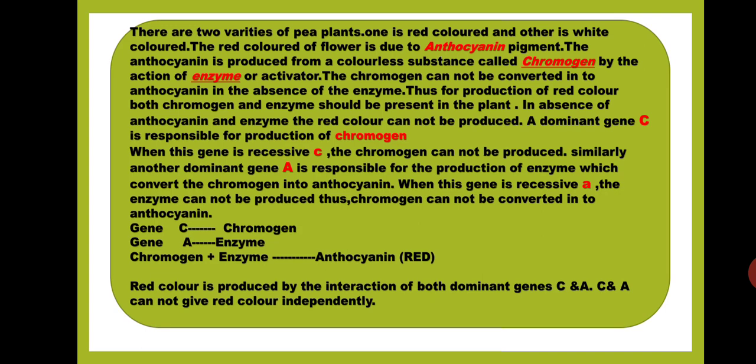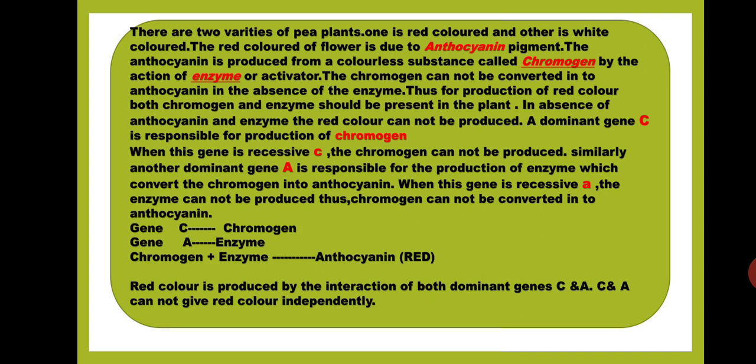The chromogen cannot be converted into anthocyanin in the absence of the enzyme. Thus, for the production of red color, both chromogen and enzyme should be present in the plant. In the absence of the enzyme, red color cannot be produced.